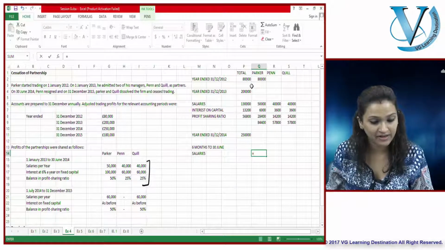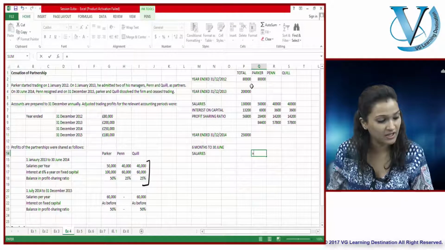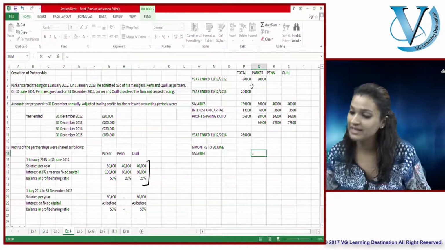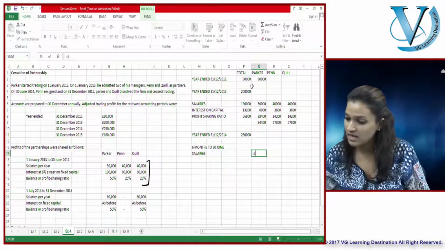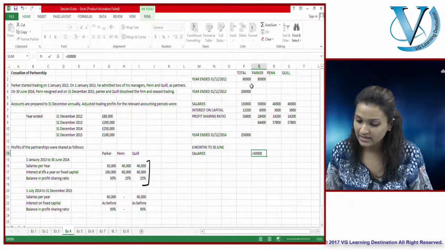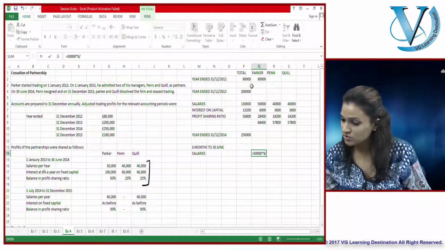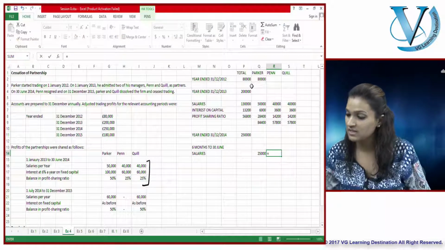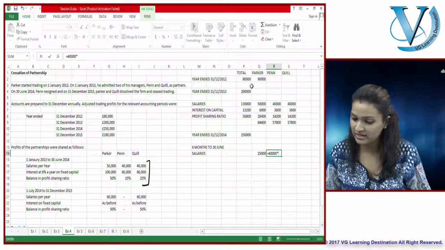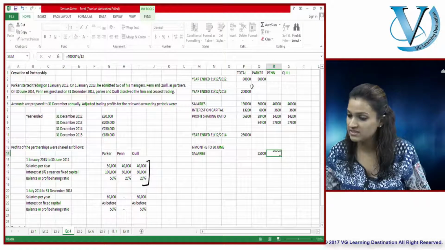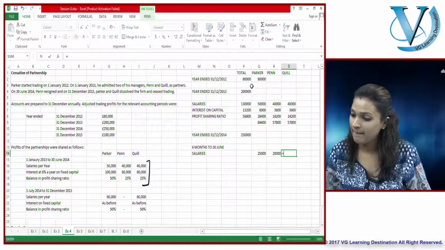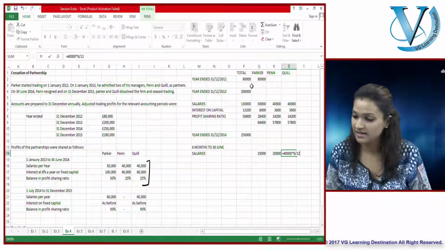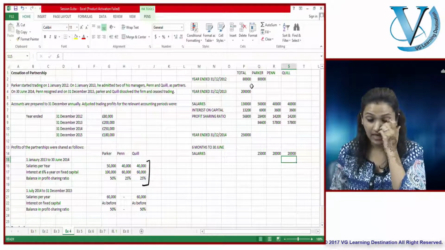The total salary is 130,000 pounds. The entire year salary is 50,000 pounds, however we need to take only 6 months of this, so it comes out to be 25,000 pounds. The entire year salary is 40,000 pounds, and we need to take 6 months out of these. Similarly, we have 40,000 pounds for the entire year, taking 6 months salary out of these.